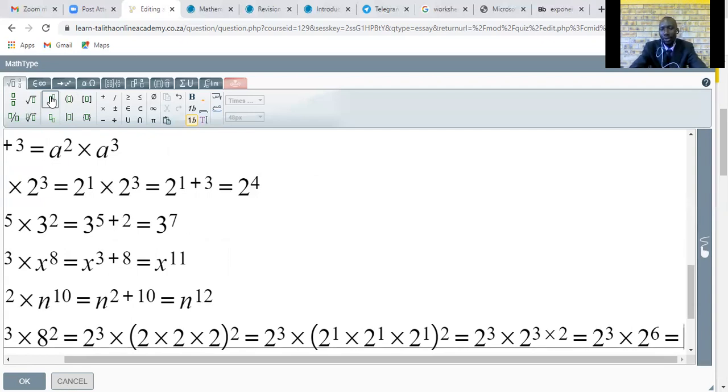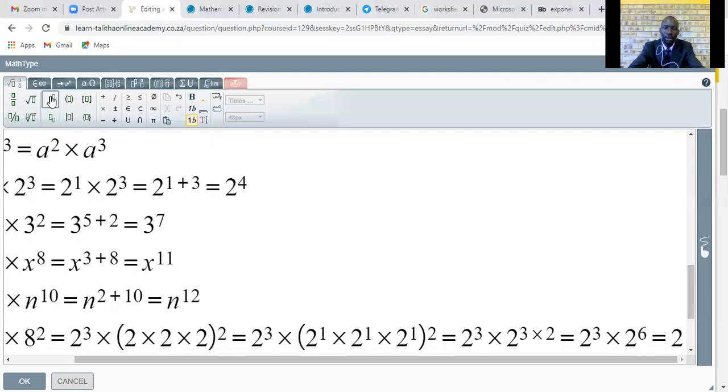Now notice that a lot of times you will have to go through these steps. And you have to make sure you don't skip any single step when you are required to solve this type of problem. Okay? Now, in this case, what we are going to be having is 2 with exponent of 3.